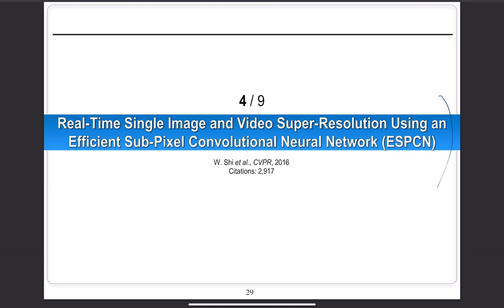Let's talk about ESPCN. We introduce a new concept, the efficient sub-pixel convolutional network, called ESPCN, which was proposed in CVPR 2016. Unlike earlier methods, ESPCN avoids upsampling the input.